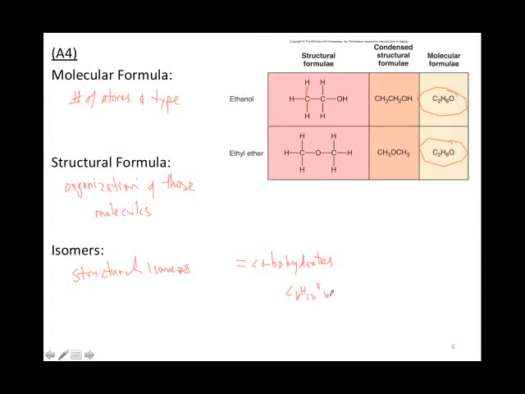C6H12O6 typically is going to represent glucose. However, we can change that around and we can get different sugars with that same molecular formula. But typically, C6H12O6 is used to represent glucose. So we have a molecular formula and structural formula, and in order for you to really understand what the molecule is and what its properties are, you need to know both of those. And then isomers would be when you have molecules with the same molecular formula, but their structure is different.